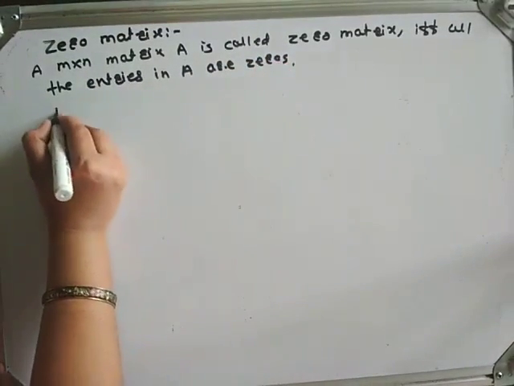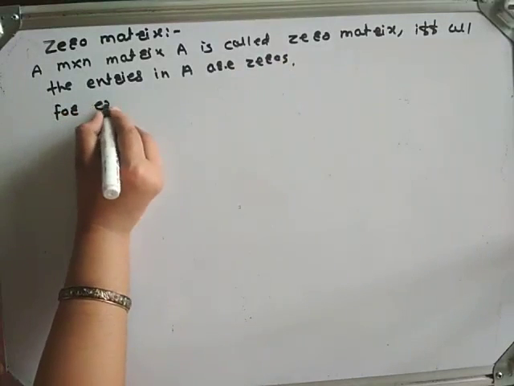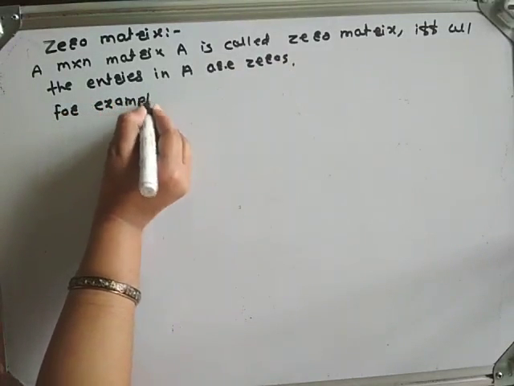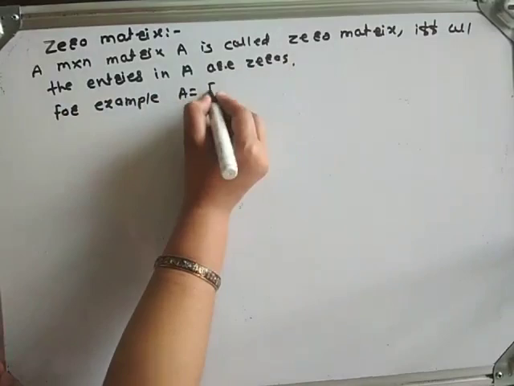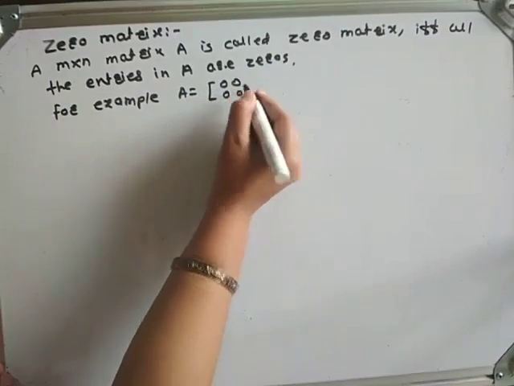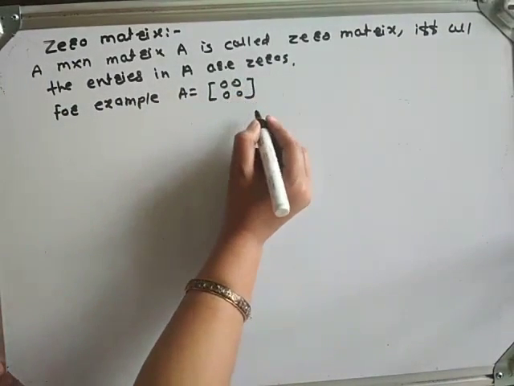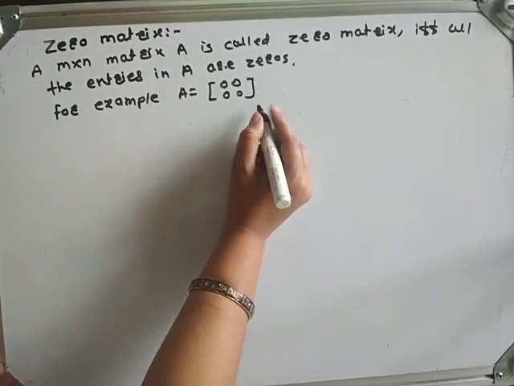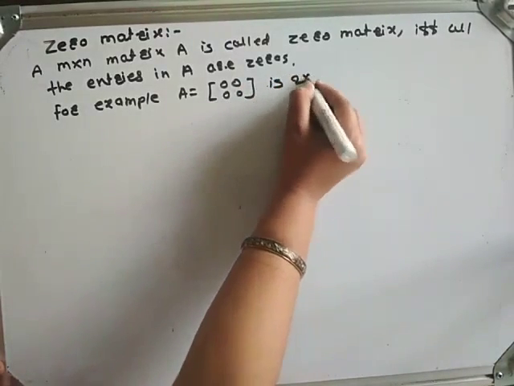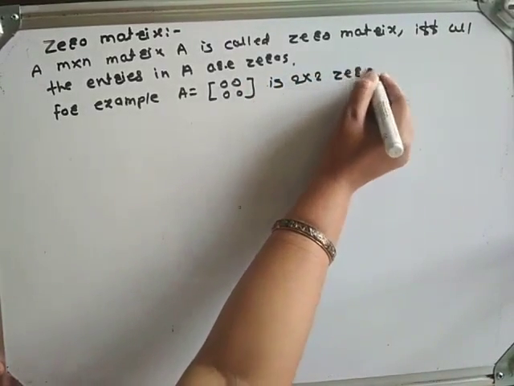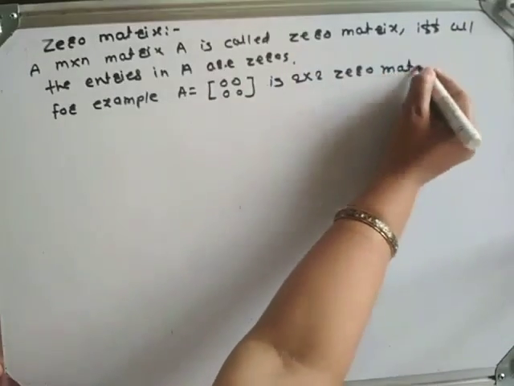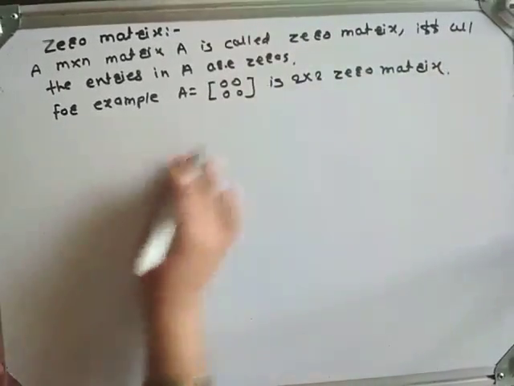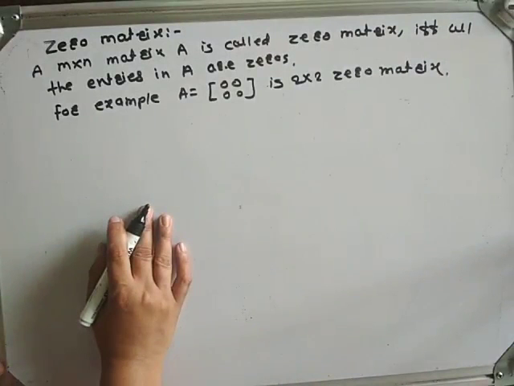For example, matrix A equal to 0 0 0 0 is a 2 by 2 zero matrix. Zero matrix means all entries in the matrix are 0.